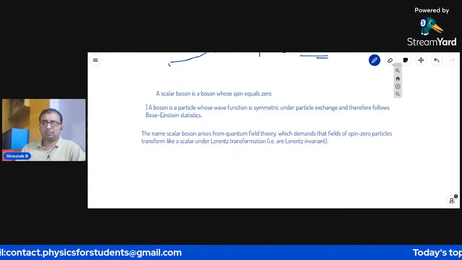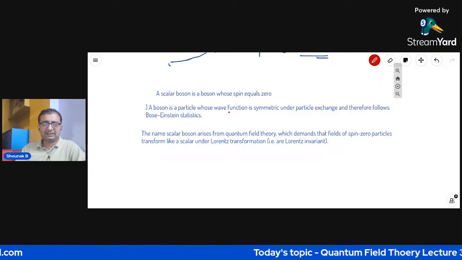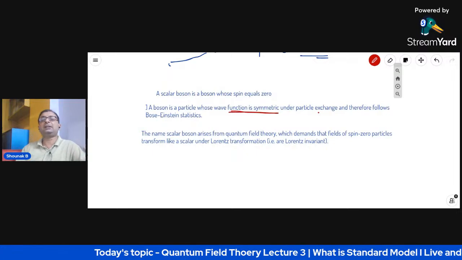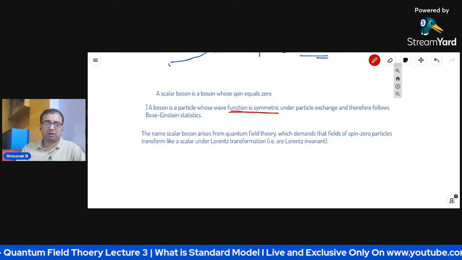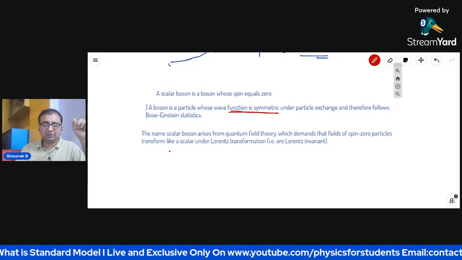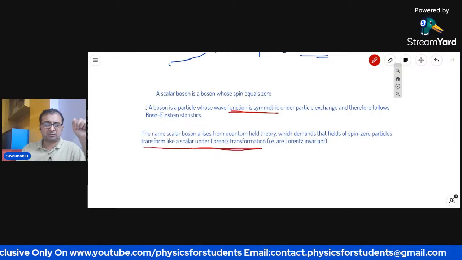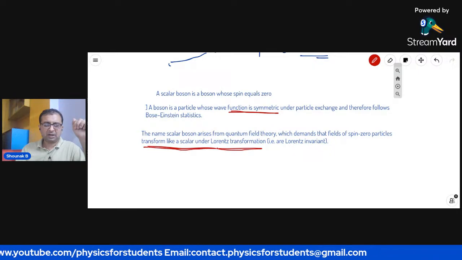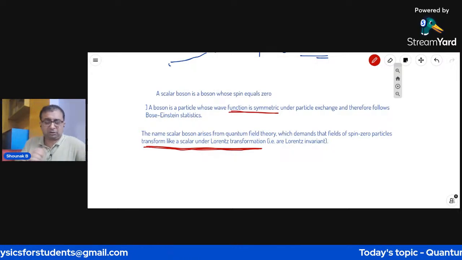Part number 1 is this feature. Second, a boson's wave function is symmetric. Symmetric means whatever happens, it is invariant, like what we talk about as a tensor in general relativity. And the name scalar boson demands that fields transform like a scalar under Lorentz transformation. This is very, very important. I hope you can take the notes.